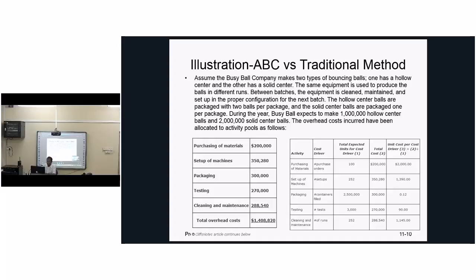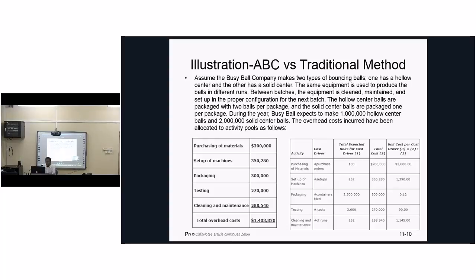So what is happening in activity-based costing is that your total cost is broken down into different sub-activities. What are the activities? Setting up, purchasing, packaging and testing, and cleaning and maintenance. Okay, so what drives the purchase of material?